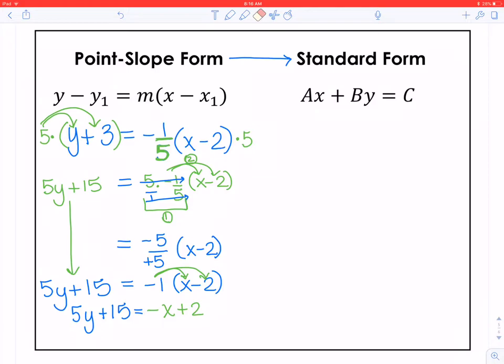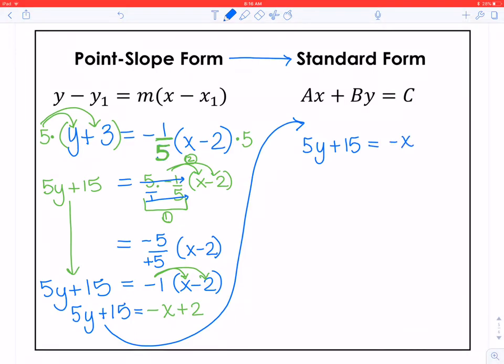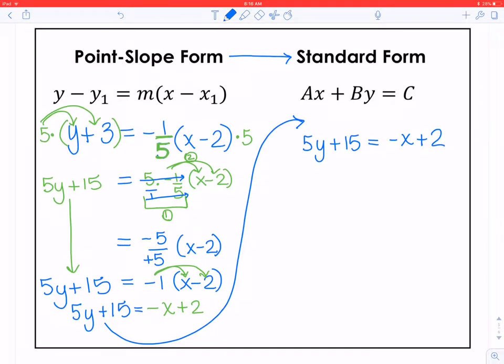That means I need to get x and y on the same side. And so right now, let's go up here so we have a little bit more room. Right now I have 5y plus 15. My y is on the left. I got a constant on the left, that doesn't belong there, is equal to negative x plus 2. This constant of 2 is fine on the right side, but my x should be on the left.